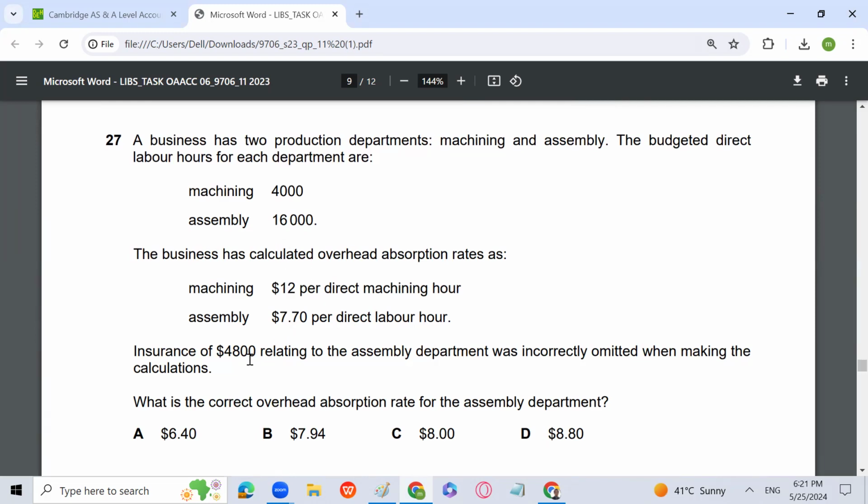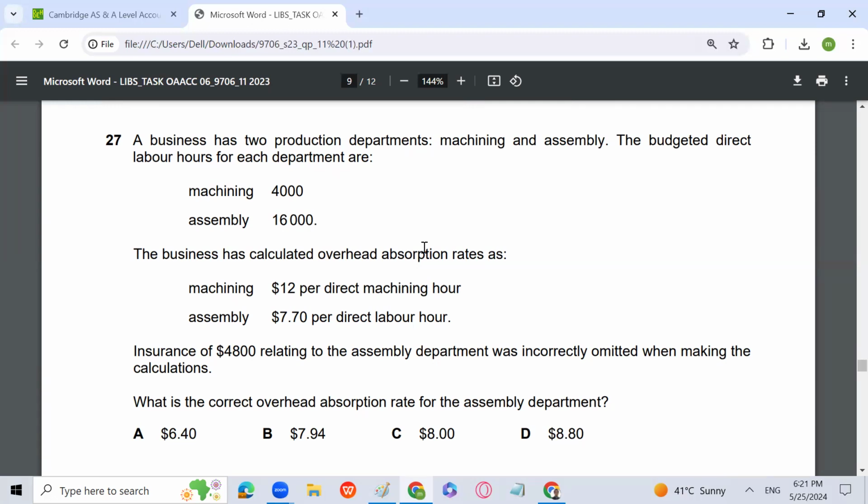Now, 4,800 cost has been omitted because it was not added. So 4,800 divided by 16,000, the hours, gives the overhead absorption rate which needs to be added to 7.7 to get the correct rate. 4,800 is the overhead cost divided by 16,000, which is 0.3. For the assembly department, 8 is going to be the answer.